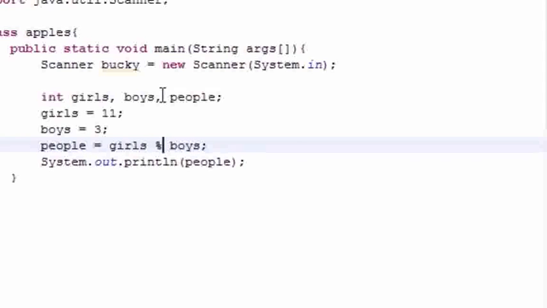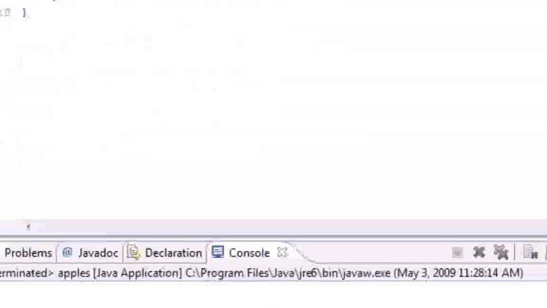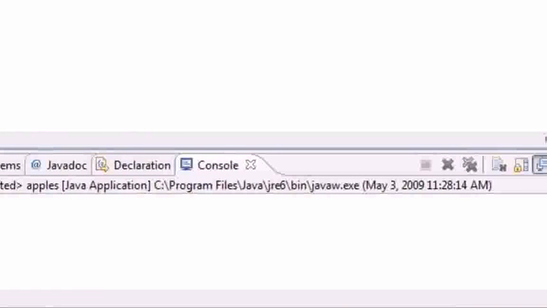The modulus pretty much means, when you divide by a number, you get a whole number, aka an int, but you also have some left over. So let's go ahead and run this and see what we get. It says 2.